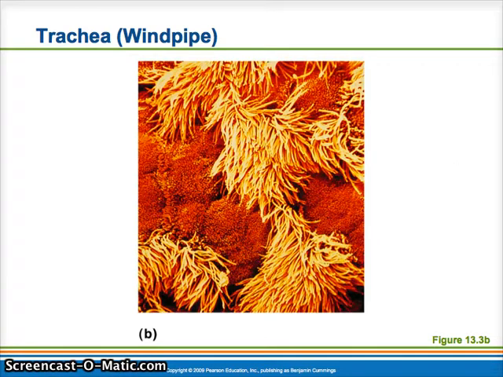The trachea also contains cilia, which helps to expel things out of the windpipe, or trachea, when you breathe in. It actually beats the opposite way as the air coming in, so that it can help to get rid of that.